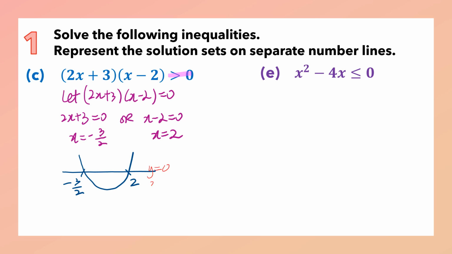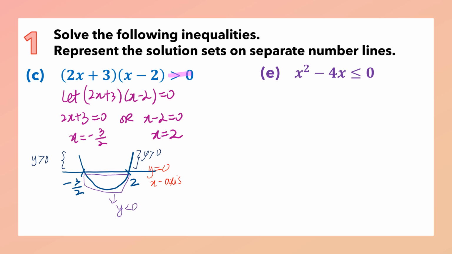Your x-axis is when y equals 0. Hence, if your curve is above the x-axis, this part here, or this part here, it's when the values of y are more than 0, positive. And at the bottom here, this part of the curve is when the values of y are less than 0.